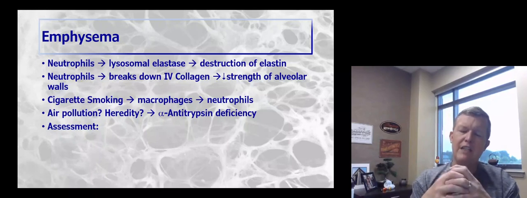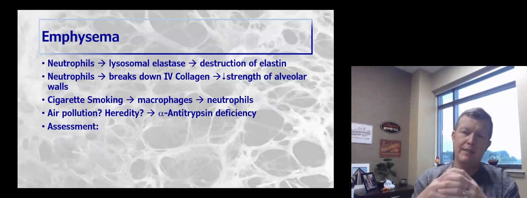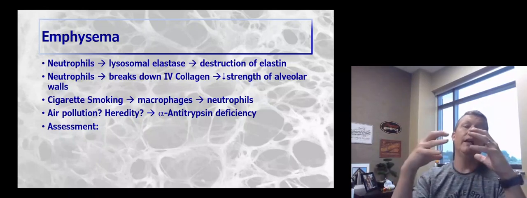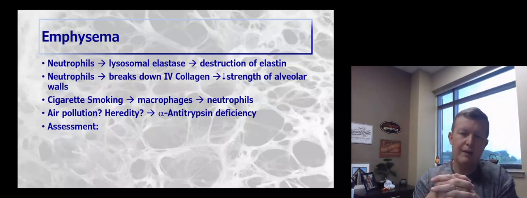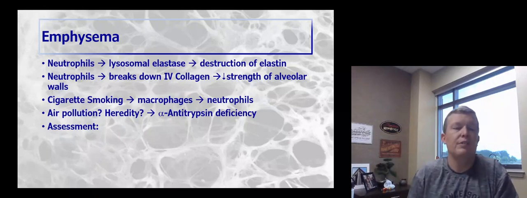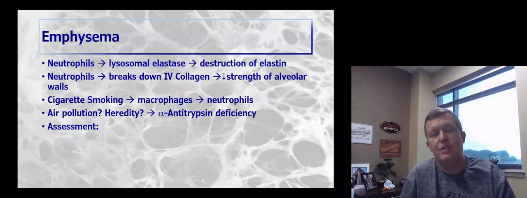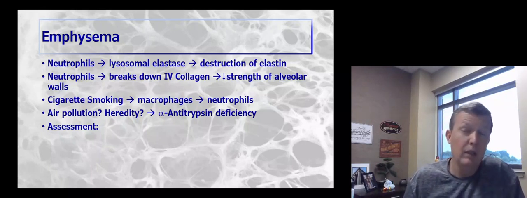So our alveoli, when they're normal, have plenty of collagen and plenty of elastin, so they can maintain their integrity. They can expand and contract as we inhale and exhale. That elastin draws the alveoli back together, which helps us exhale. When you break that down, as the images have depicted, you can see that the alveolar walls dissipate and they lose their integrity.